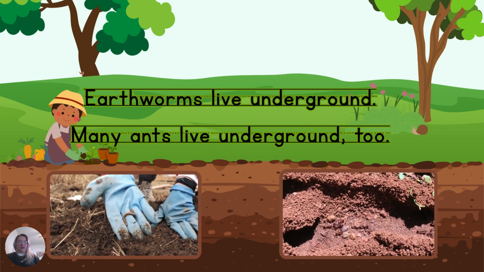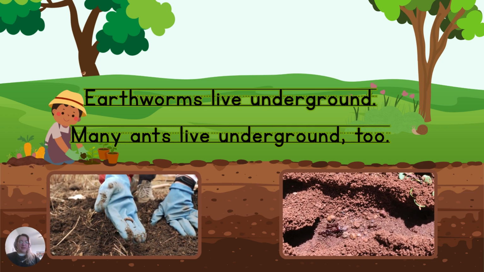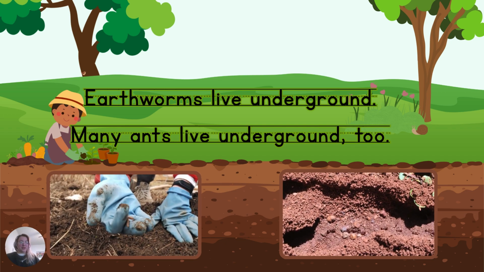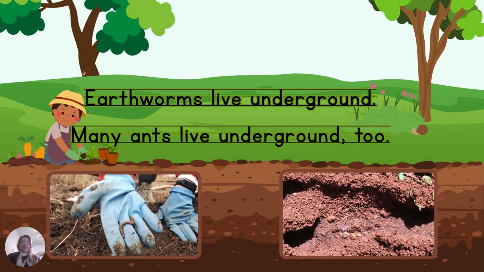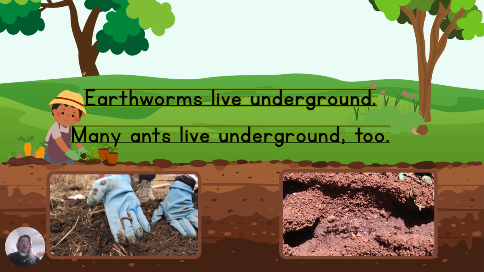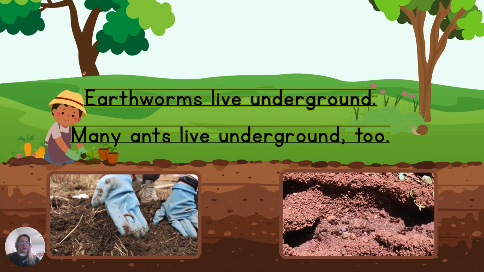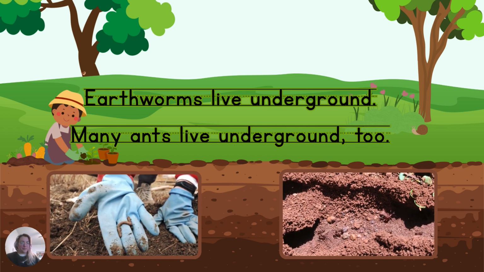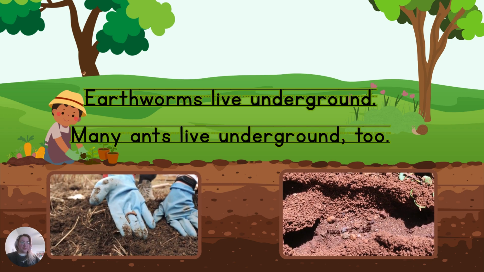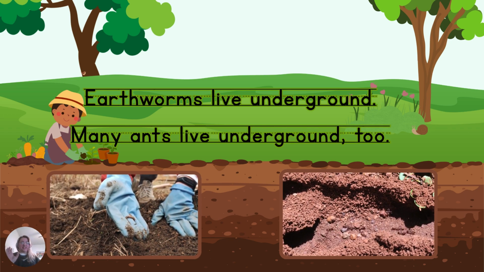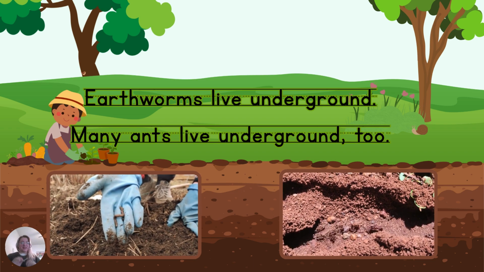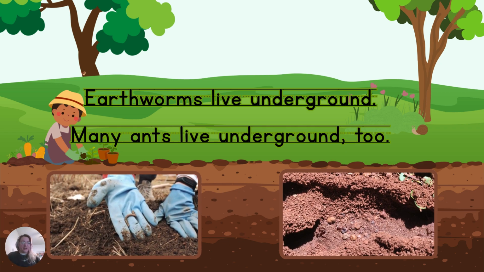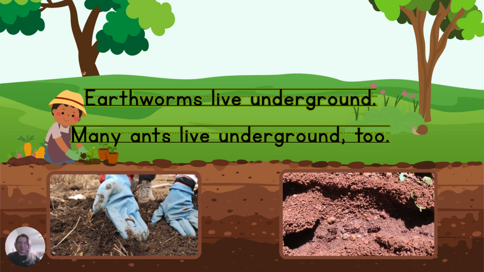Earthworms live underground. Many ants live underground too. Earthworms was our first compound word we talked about from this page. Can you find another one? Good. Underground. Where do the worms and ants live?